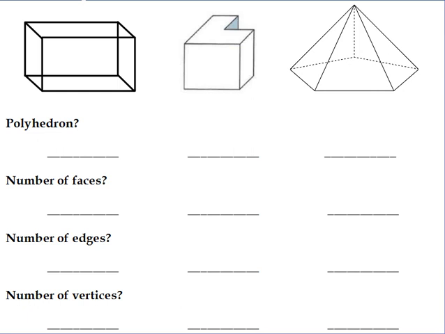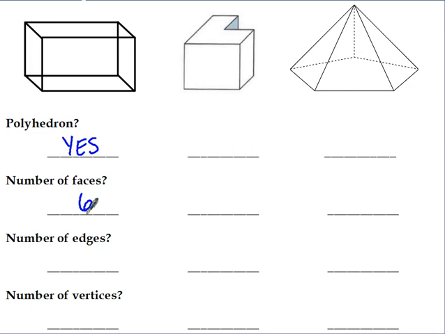So here I have 3 different solids. We're just going to focus on this first one here. Is it a polyhedron? Yes, it is. We have no curves. Everything is nice and straight. Now, number of faces. Sometimes this is a little tricky because remember these are three-dimensional. This is our box, so we have a top and a bottom, that's 1, 2. A left and a right is 3, 4, and then the front and the back would be 5, 6. So there are 6 faces.